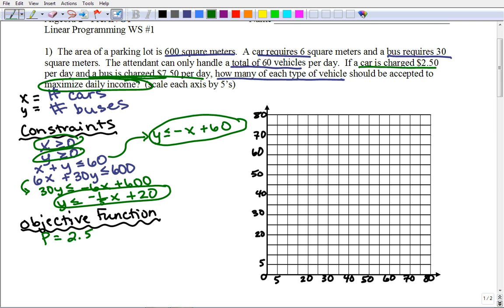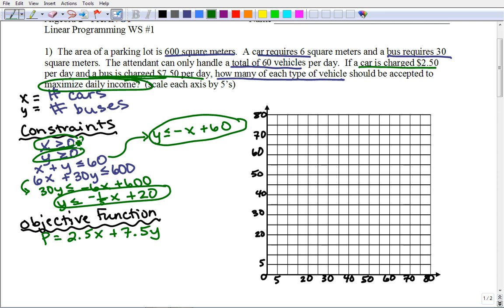So 2.5 times the number of cars plus 7.5 times the number of buses will tell us our total income for that day. But before we can use our objective function, we need to graph the 4 constraints.